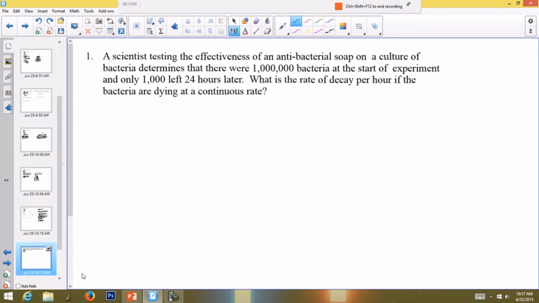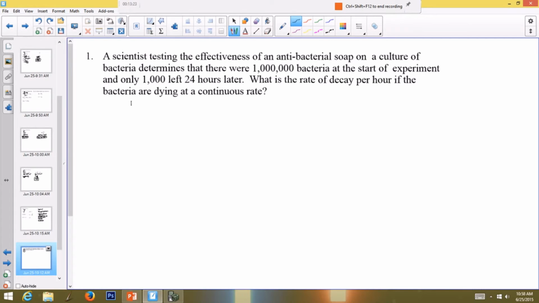So a real quick example for that: scientists testing the effectiveness of antibacterial soap on a culture of bacteria determine that there were 1 million bacteria at the start of the experiment, and there were only 1,000 bacteria left after 24 hours. What is the rate of decay per hour if the bacteria are decaying at a continuous rate?